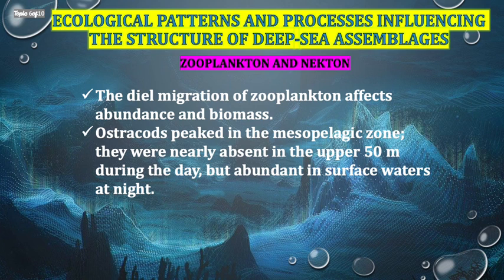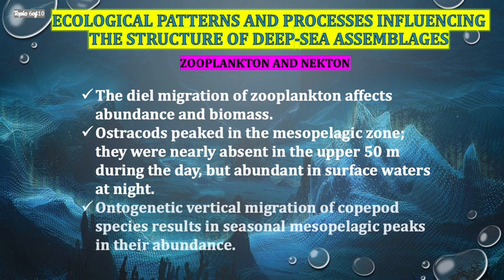So, for example, in one study about ostracods in the North Pacific region, scientists found that ostracods actually peak in the mesopelagic zone during the night and become lesser in abundance during the day. So basically, they are absent in the upper 50 meters during the day and become too many at night due to their vertical migration activity.